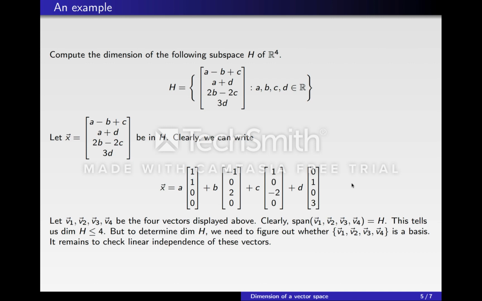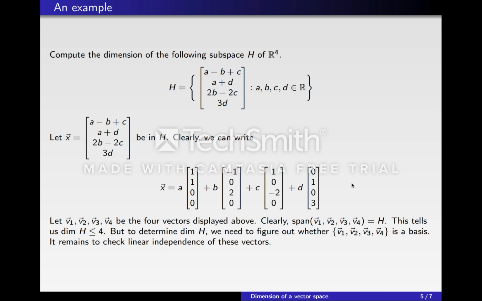Because you can just group, this is the trick that we've done several times before, like in the calculations that isolate bases for the null space of a matrix. So you write X as A times (1, 1, 0, 0).